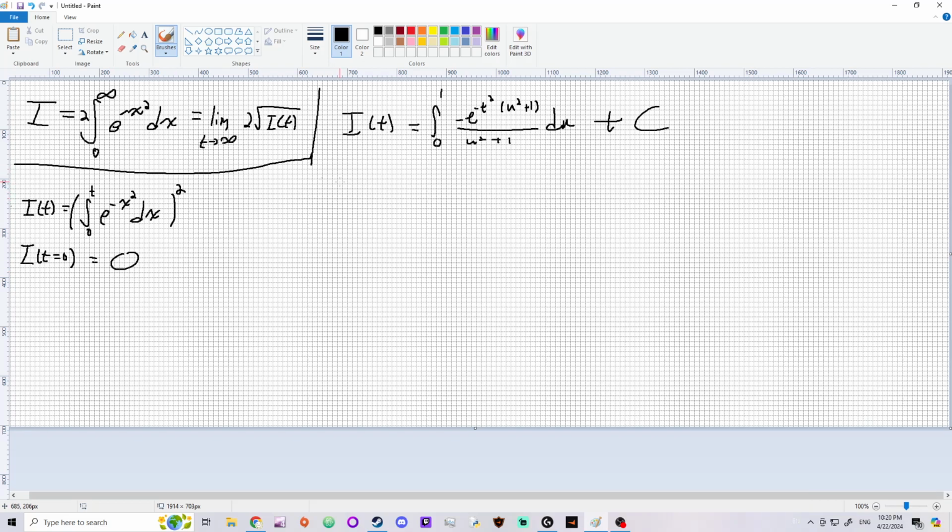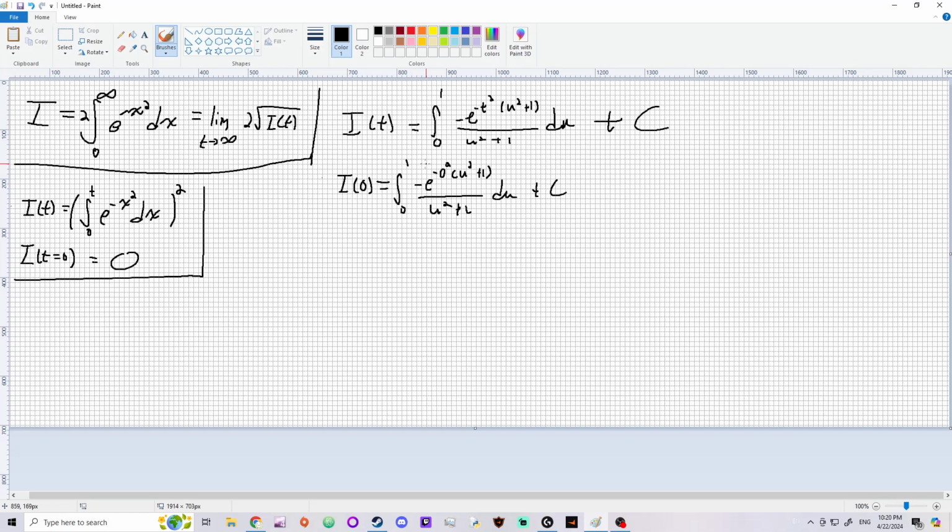So if I write I of 0 for this function, this is equal to the integral from 0 to 1 of negative e to the negative 0 squared (u squared plus 1) over u squared plus 1 du plus c. 0 times something is 0, so it's actually e to the 0.